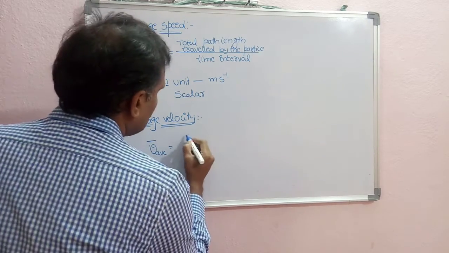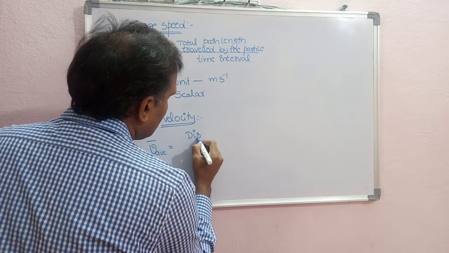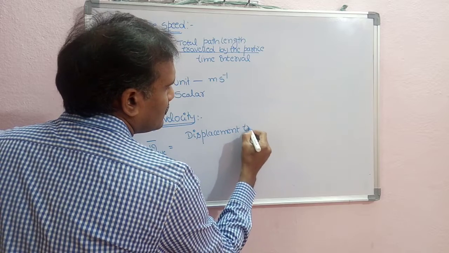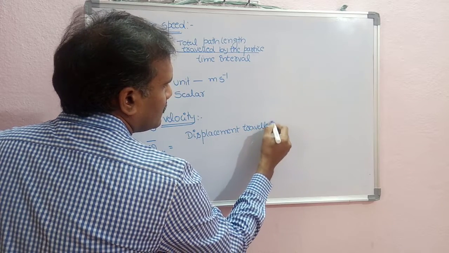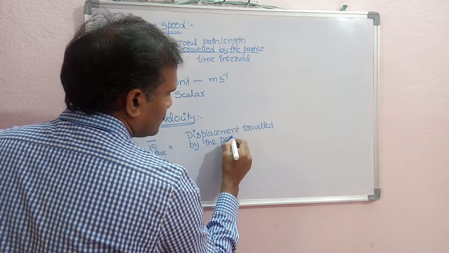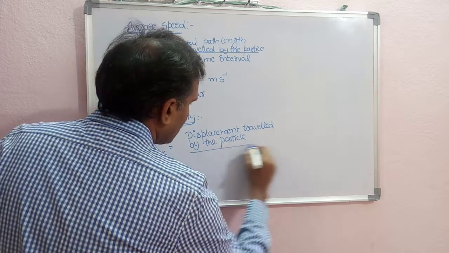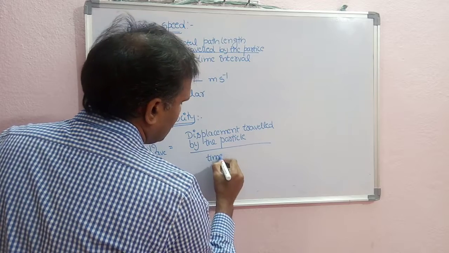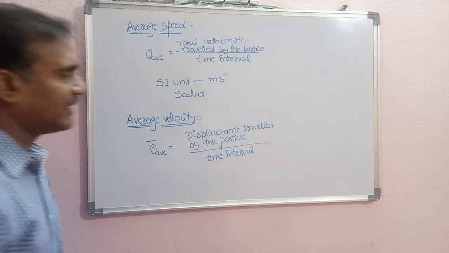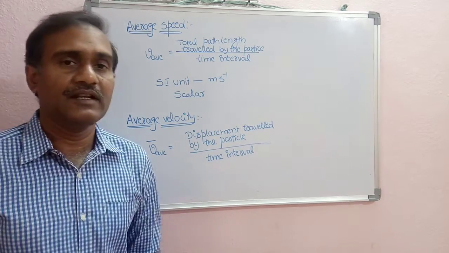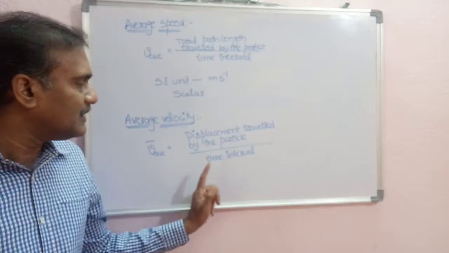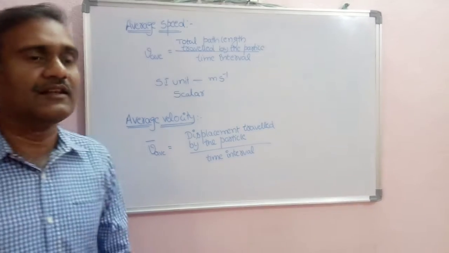It is equal to displacement of the particle divided by time interval. It is the ratio of displacement of the particle to its time interval.